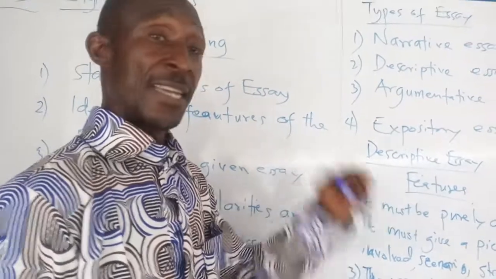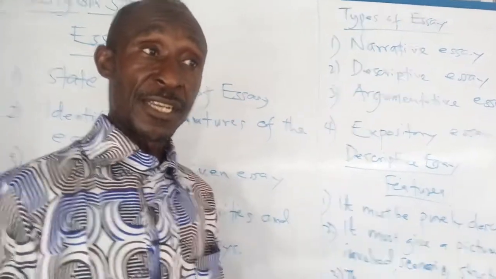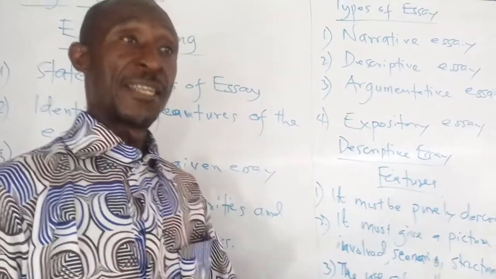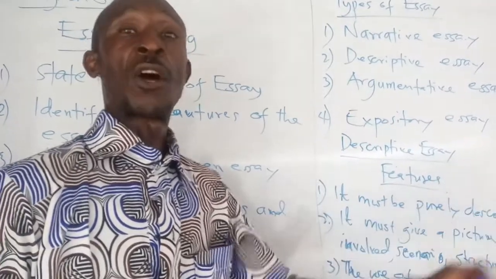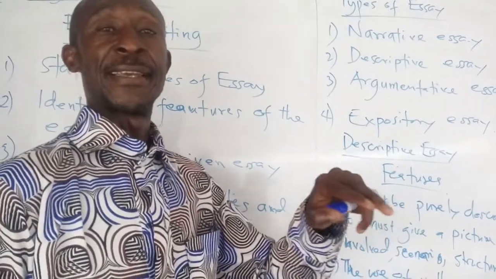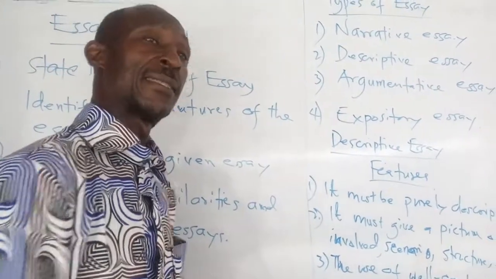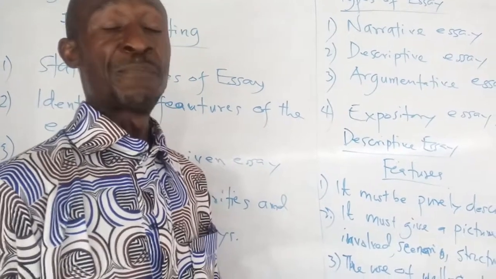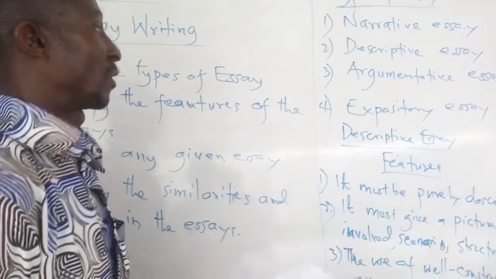In an expository essay, the writer tries to inform the reader of something new, something the reader has not really come in contact with, with a view to convincing the reader to accept the view being presented by the writer.